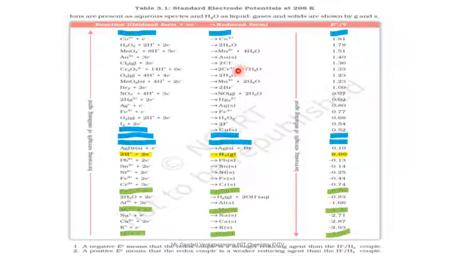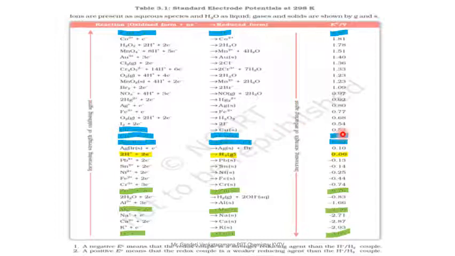Similarly, you can take anything. Copper: Cu plus, when we add an electron, gives Cu solid. The oxidation state goes from +1 to 0, so again it is the reduced form and a reduction takes place. This is the value.